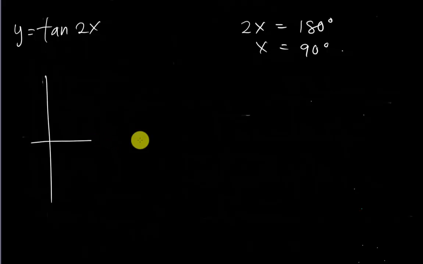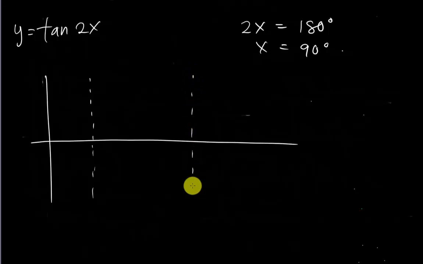What do I mean by one cycle? It's actually like this. When I say one cycle, it's like this. This is one cycle. It stops at 90 degrees. So that means 180 is going to happen 2 times.